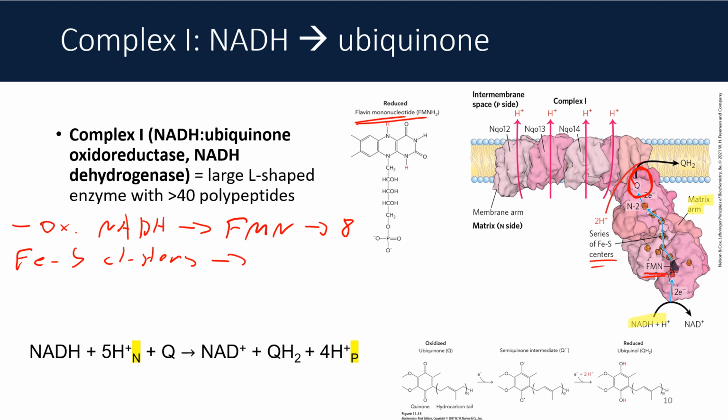So floating within the inner mitochondrial membrane is a pool of molecules called ubiquinone. And you can see their molecular structures down here. We also call this coenzyme Q, or Q for short.